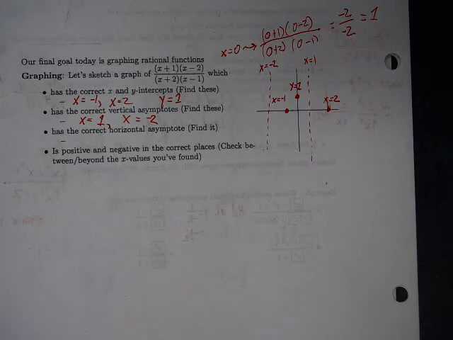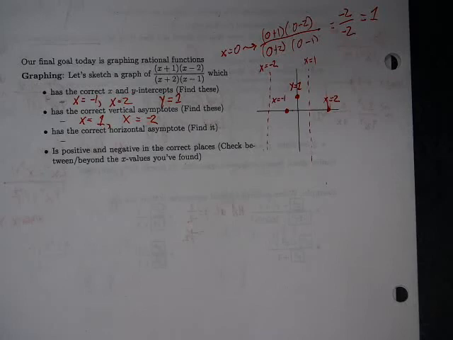What's the degree of the numerator? What's the degree of the denominator? 2. So I'll need the ratio of the leading coefficients. If you were to imagine FOILing out the numerator, what would be the leading coefficient? 1? And what is the same with the denominator?